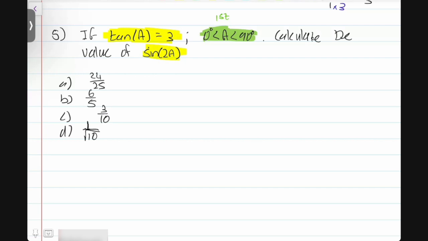Okay, so what I just want to make sure is when we're doing this, we draw the triangle, because everyone now knows how to draw the triangle to relate this. So I'm putting this really small here as 3 over 1. And remember that this is basically opposite over adjacent. So when we draw this triangle, for angle A, opposite is going to be 3, adjacent is going to be 1, and then the hypotenuse is going to be how much?